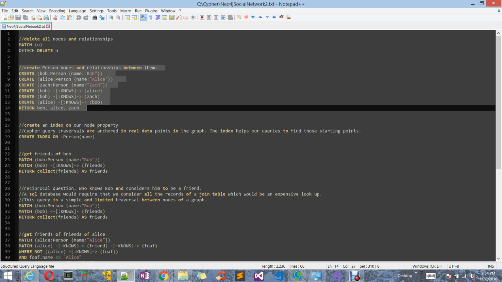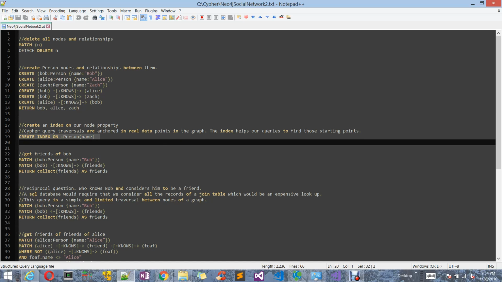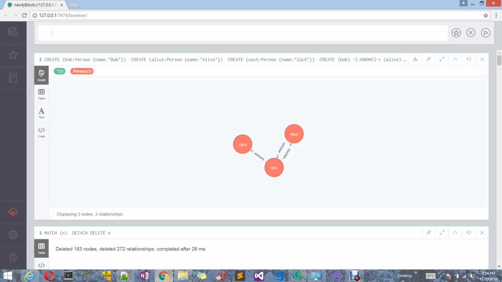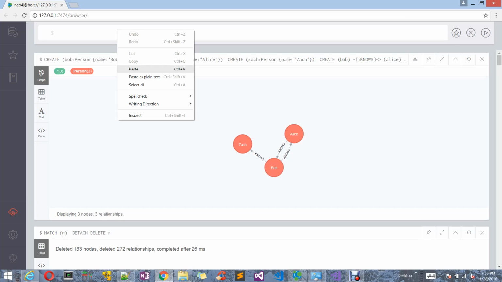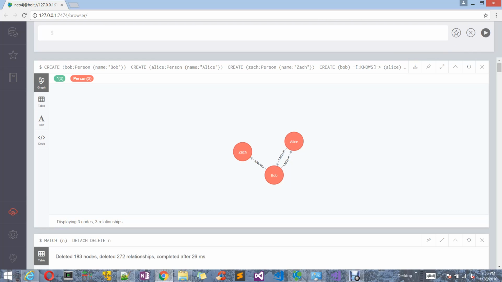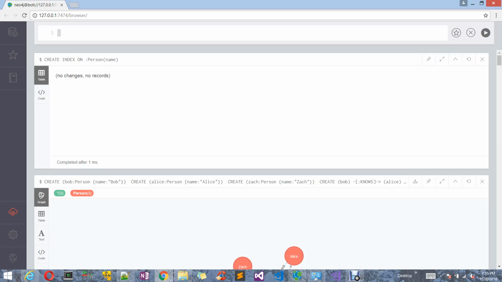Now let's create an index on our person entity. The index is used to find the data nodes that are the starting points or the anchor points of our queries, or in other words, the starting points of our graph traversals.